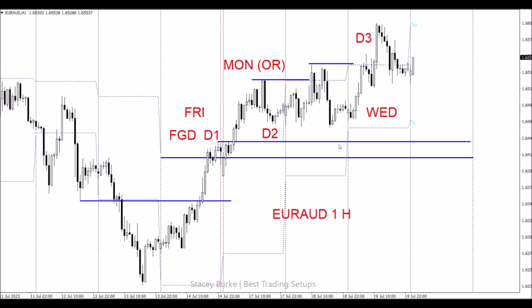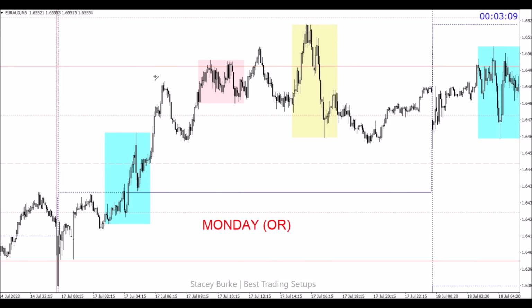We don't know, but in terms of the overall template, we have a bias heading into the day, whether you're trading Asia for a continuation trade, London for a continuation trade, or the US for a reversal trade. Now, if we look at each day on the Euro, we can see the breakout in Asia, the continuation higher in the Europe-London window, and the reversal trade in the US session.